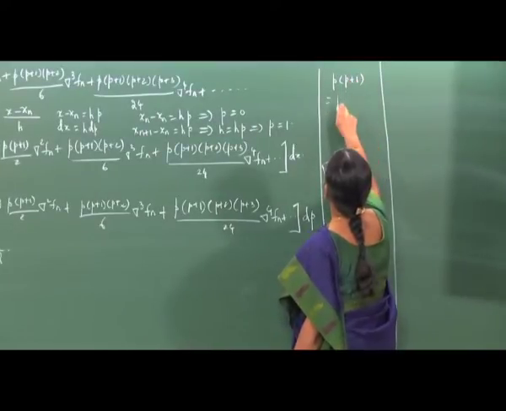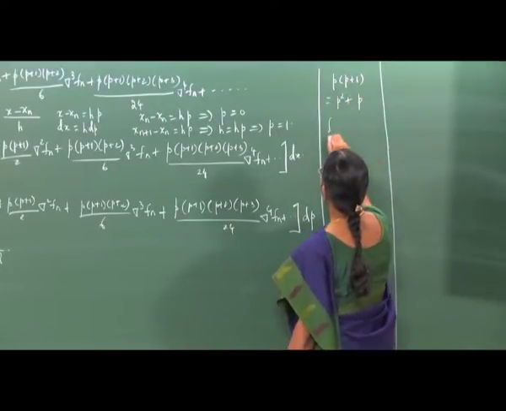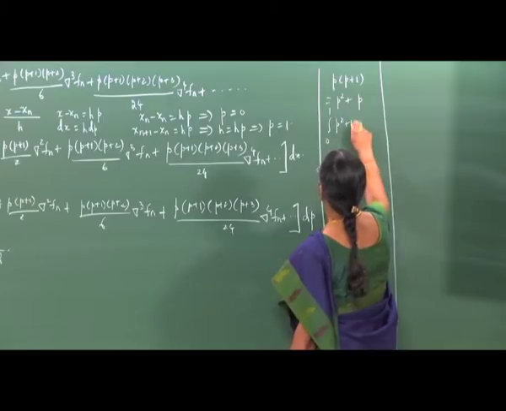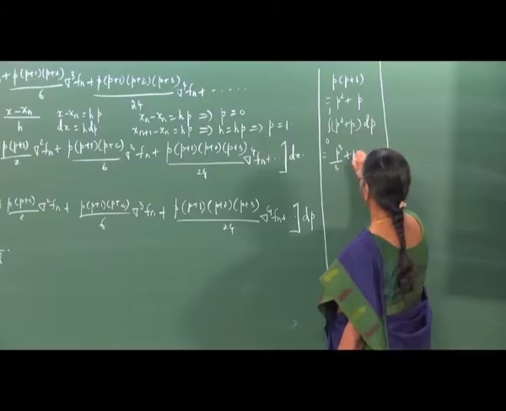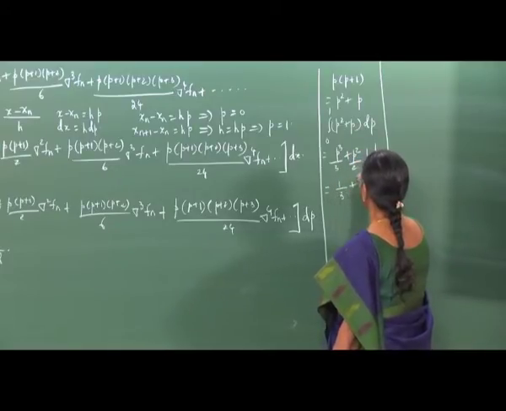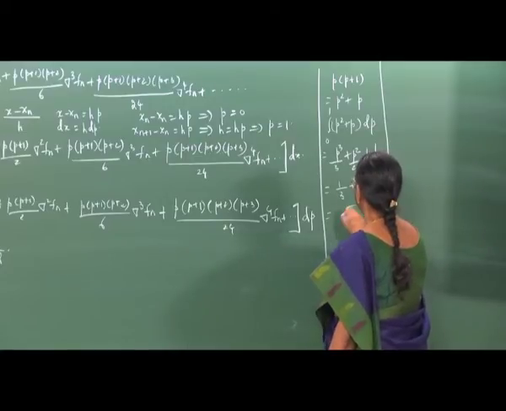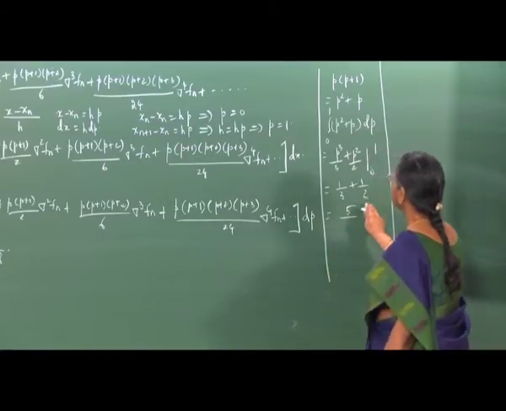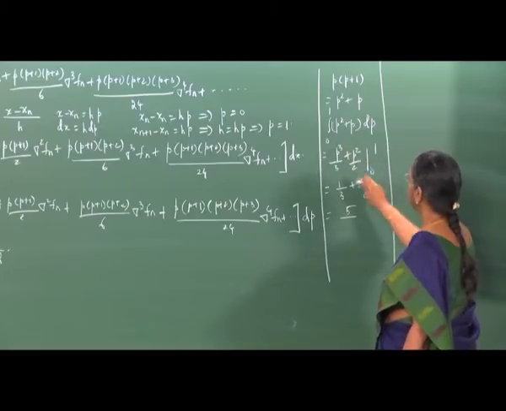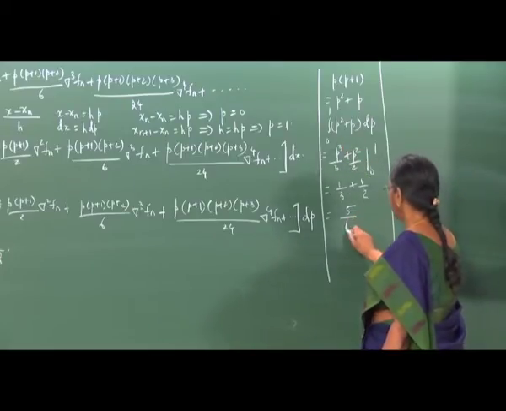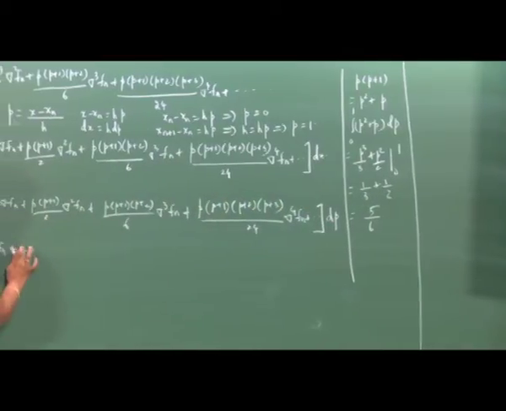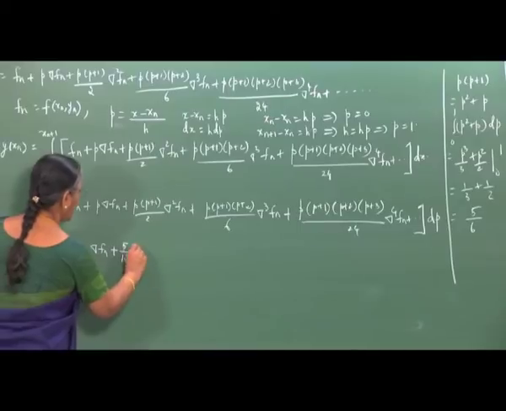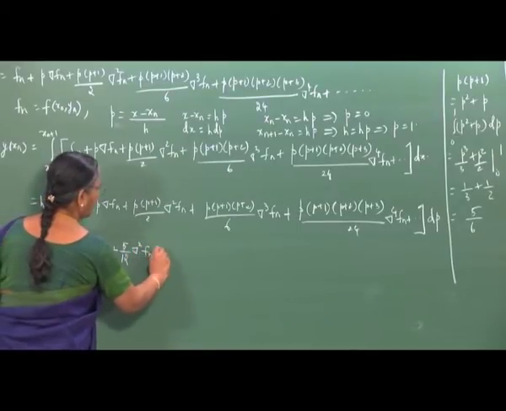So, that will give you p square plus p, and that has to be integrated with respect to p. So, that will give you p cube by 3 plus p square by 2 between 0 and 1. So, this will give you 5 divided by 6. So, this term will give you 5 by 12 into del square f_n.